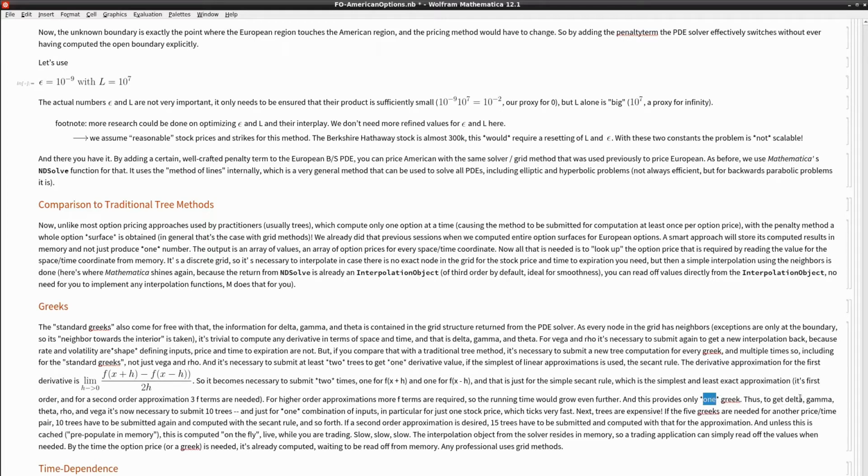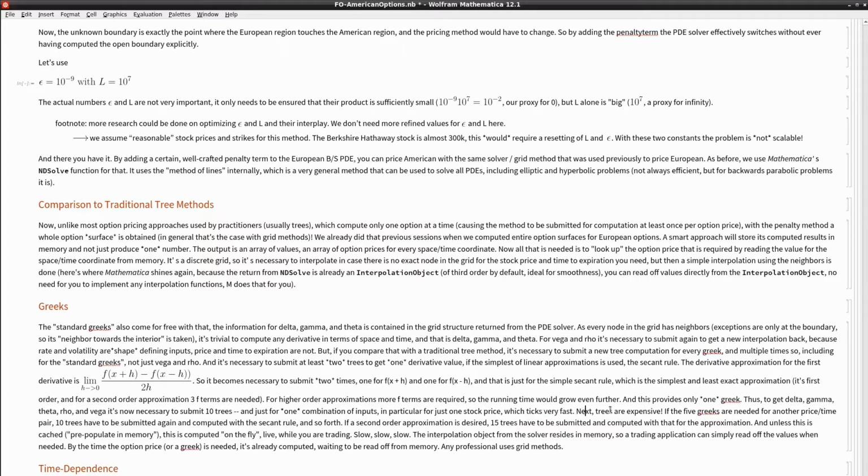Thus, to get delta, gamma, theta, rho, and vega, it's now necessary to submit 10 trees, and just for one combination of inputs, in particular for just one stock price, but that's the one that ticks very fast. It's always the stock price or the futures price that ticks the fastest in the markets.